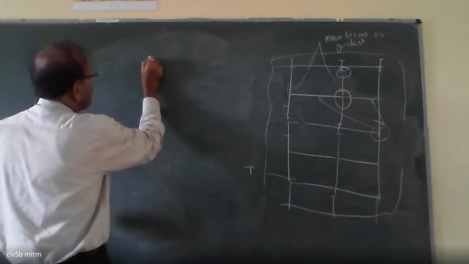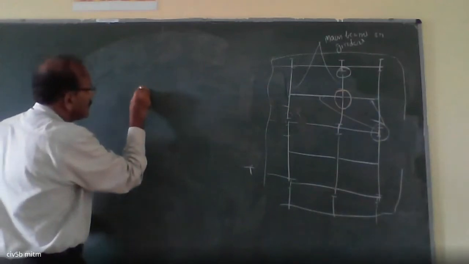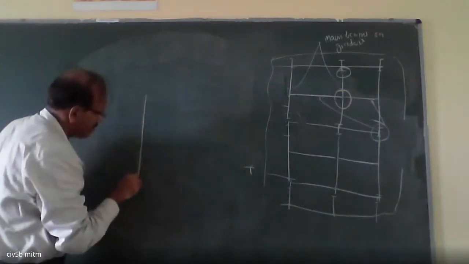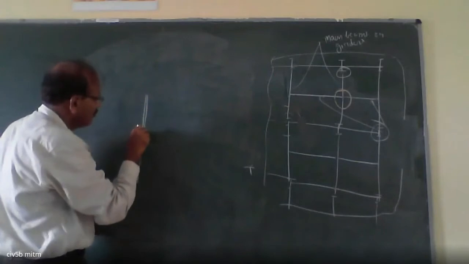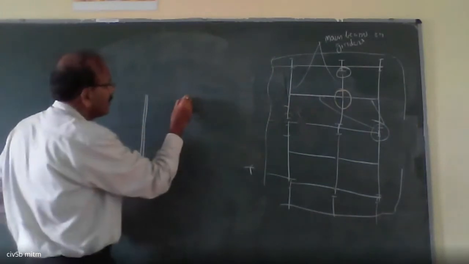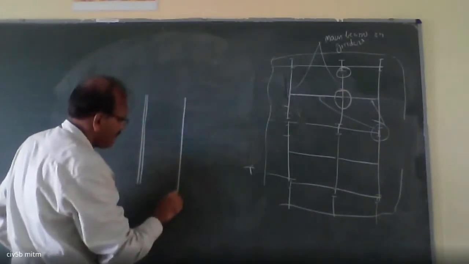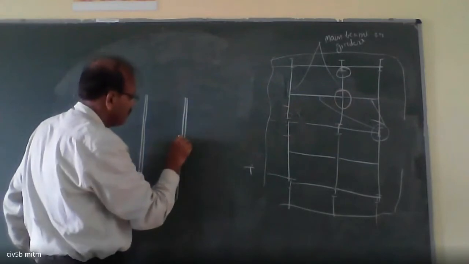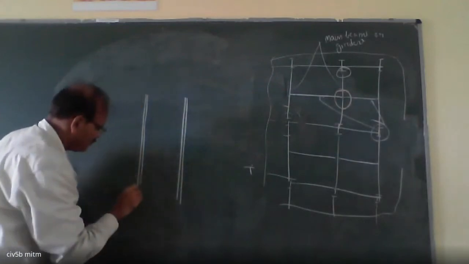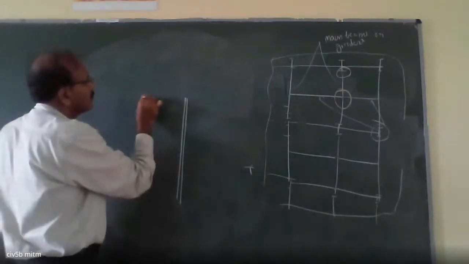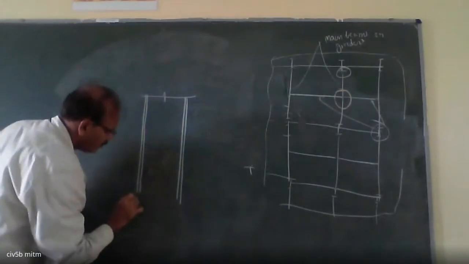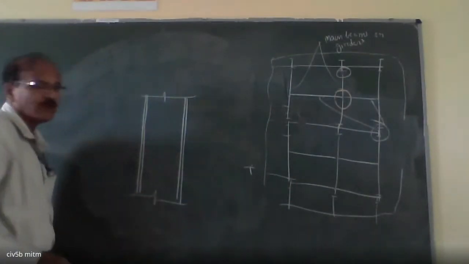So if I draw, this is the column. Of course, we don't know the length of the column, I just show continuity.